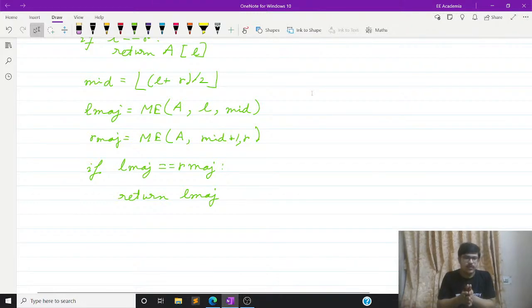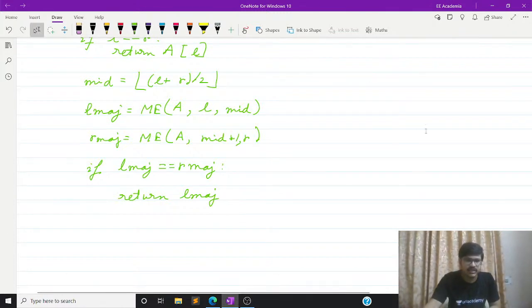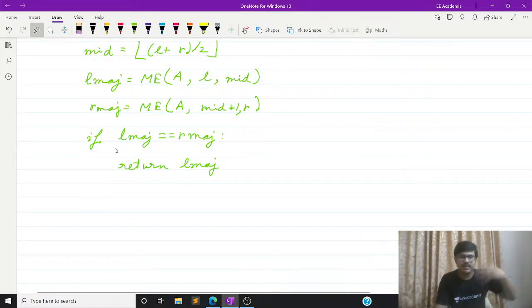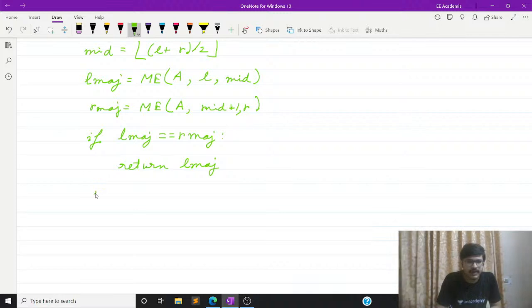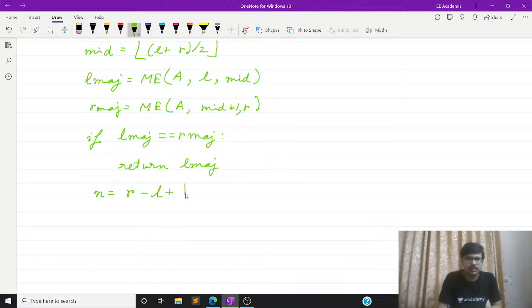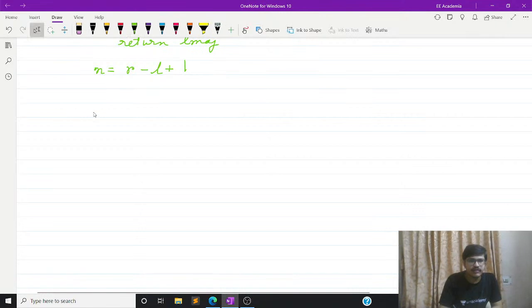We found the majority element of the left half and the right half. Now just the combining part is left. So how to combine these two results? If both of them are the same, just return them because that is the majority element. Otherwise, I will first count the number of elements in our current subarray, which is R minus L plus 1. I will write a function to count the frequency.